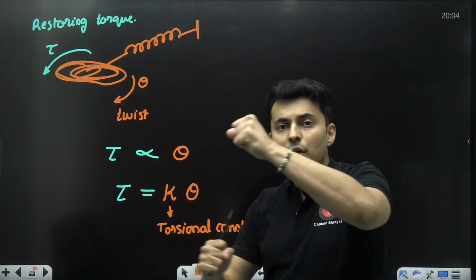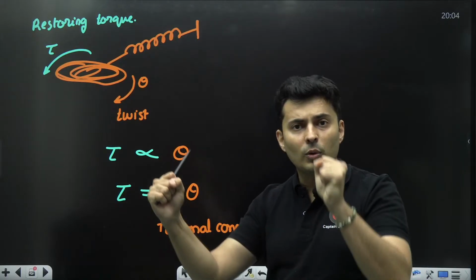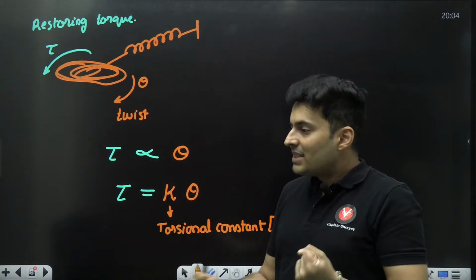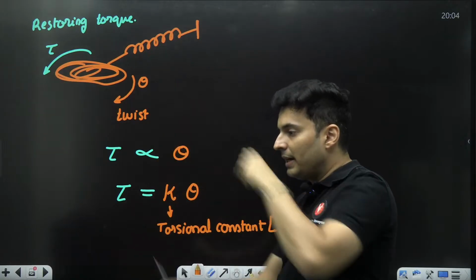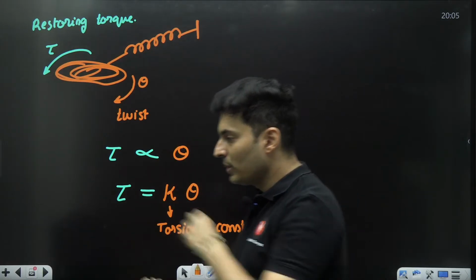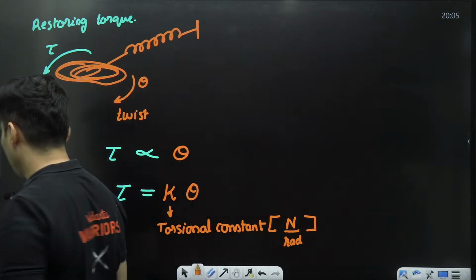How many Newton meters of torque is needed to rotate it by 1 radian? That is torsional constant. So when you twist something, it will try to restore it back.